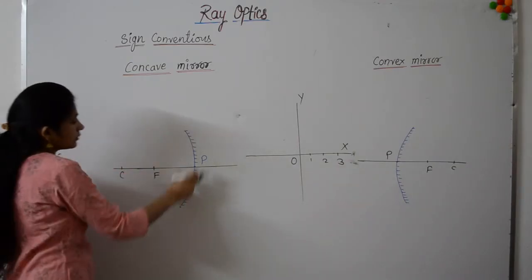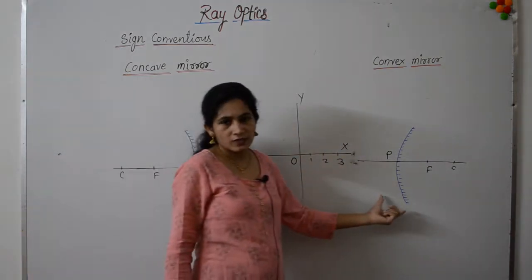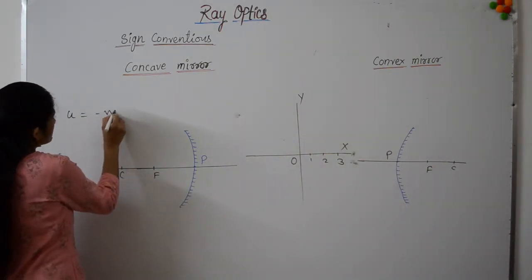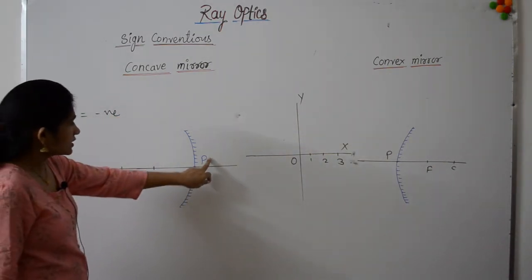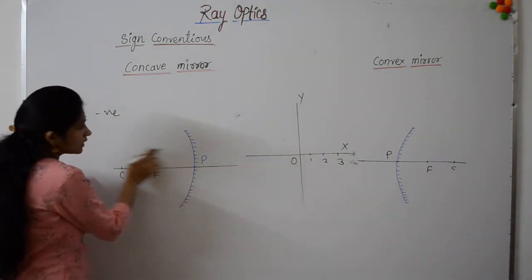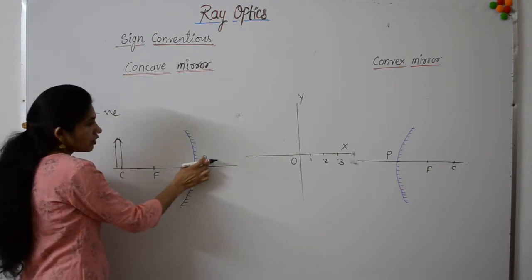Object is always kept on the left side of mirror, whether it's a concave mirror or convex mirror. Therefore, object distance which is u is always negative, because if we consider this P as an origin, then the object distance will be on the left because the object is kept on the left side of this pole.